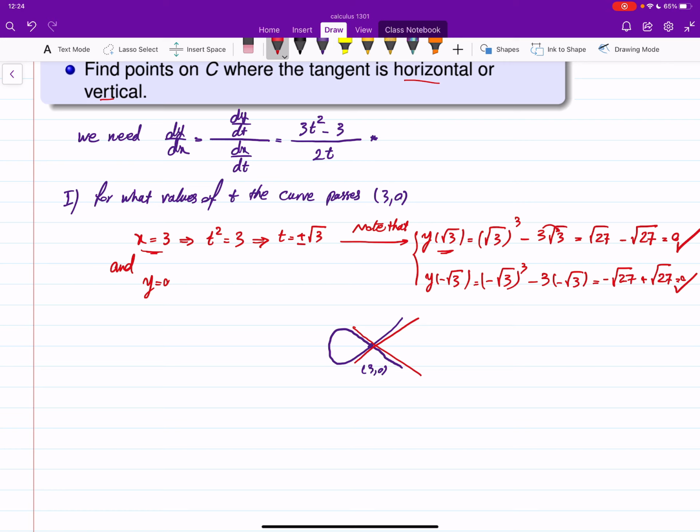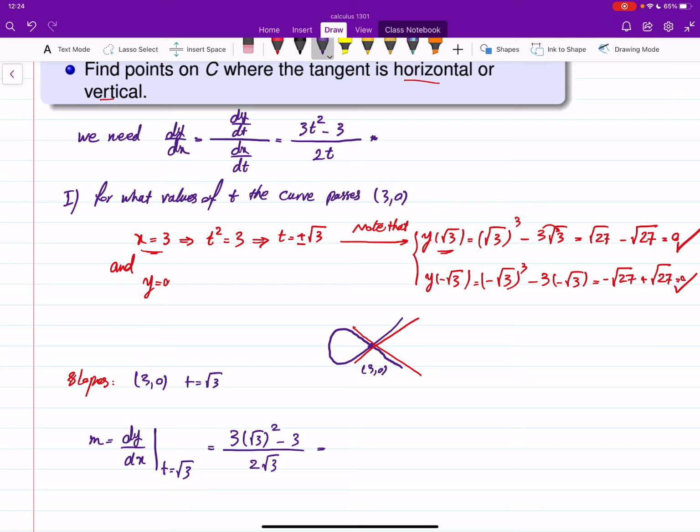Now we want to find the slopes. For the point (3, 0) and t equal to root 3, the slope is going to be dy/dx at t equal to root 3, which means 3 times root 3 to the power 2 minus 3, divided by 2 times root 3.